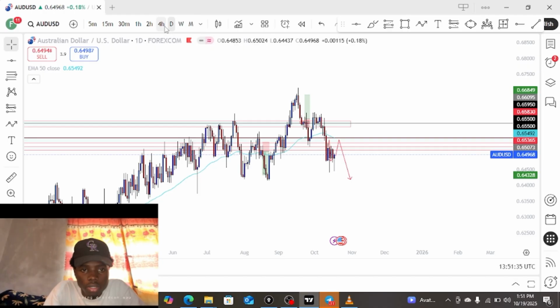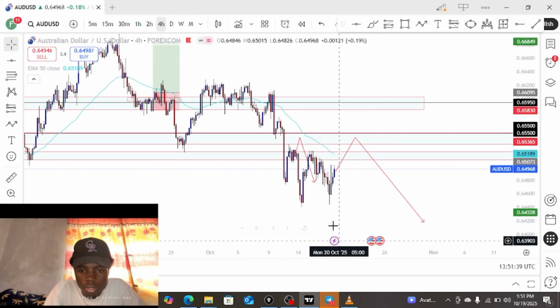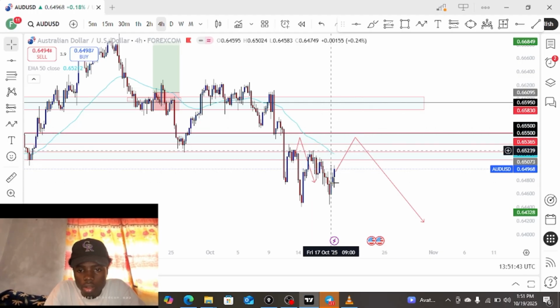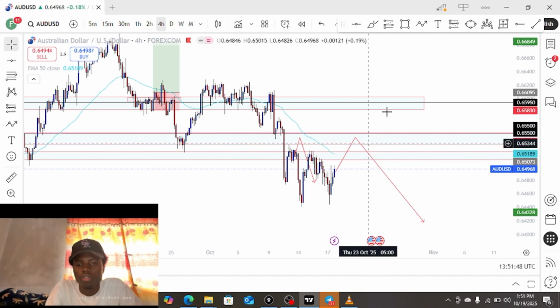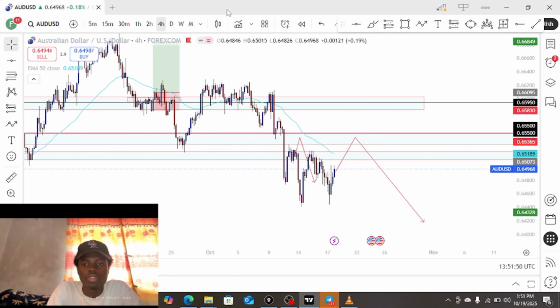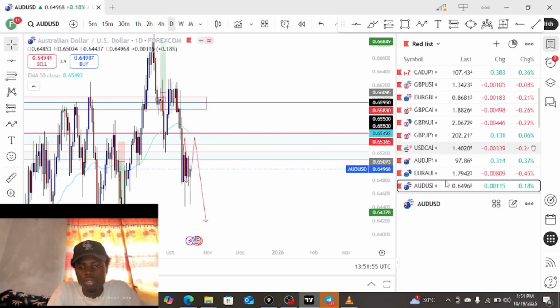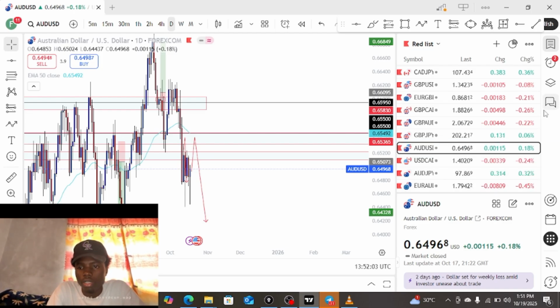Let's go to the 4 hour and see what it is giving us. We need the structures to touch the AOI, and then a shift of structure from the 4 hour. We look for our entry signals, boom, and then we take the trade. So this will be under the USD card or GBP JPY here.